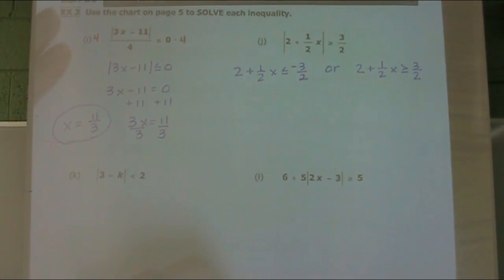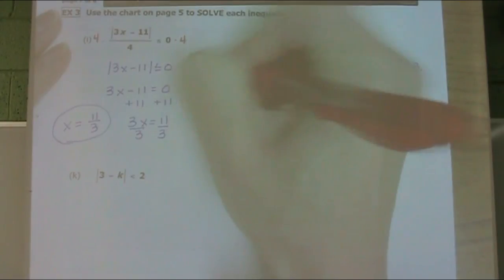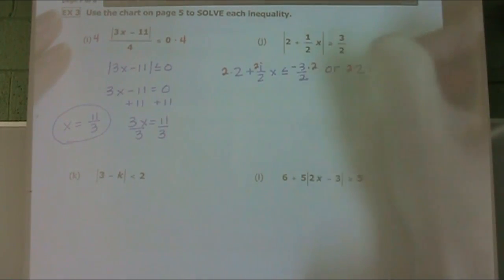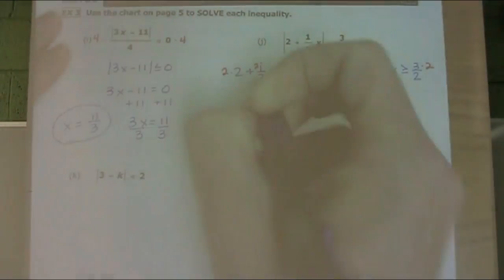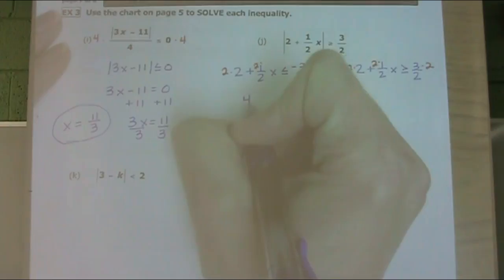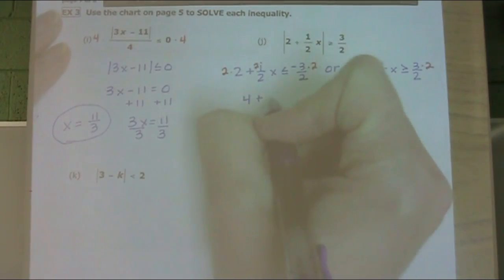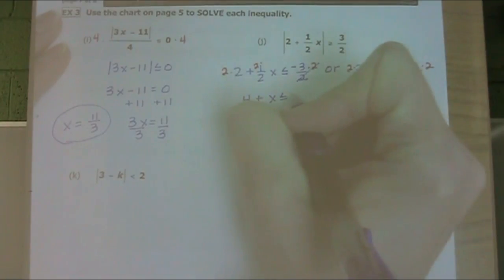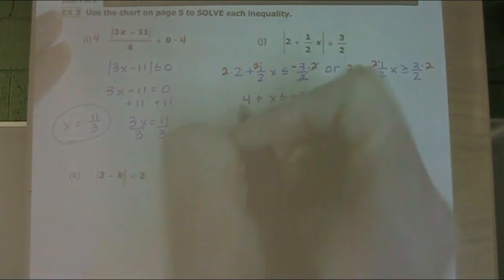On both sides, the way to solve this, get rid of the fractions. Multiply everything by 2. Do the same thing over here. So on this side, I'm going to have 4. The 2's cancel, leave me with x is less than or equal to. These 2 cancel, and this gives me negative 3.